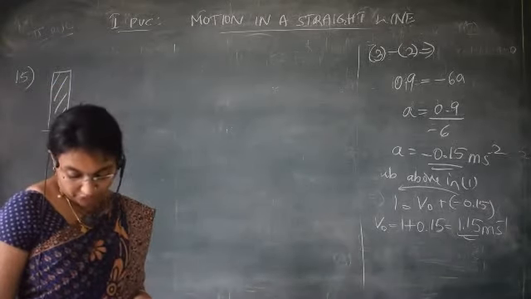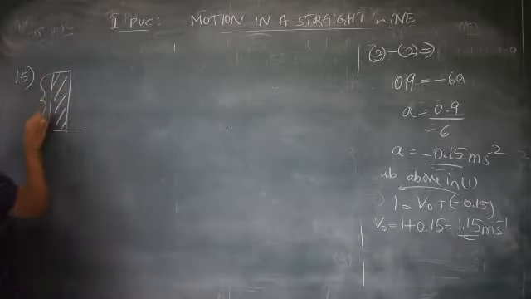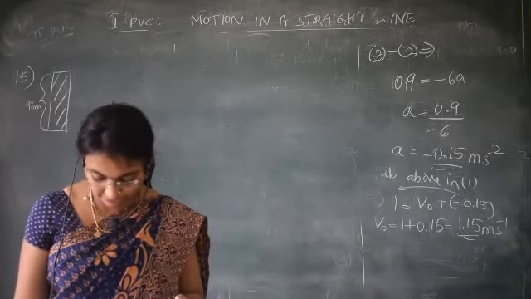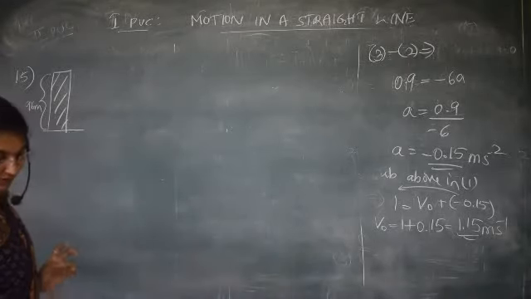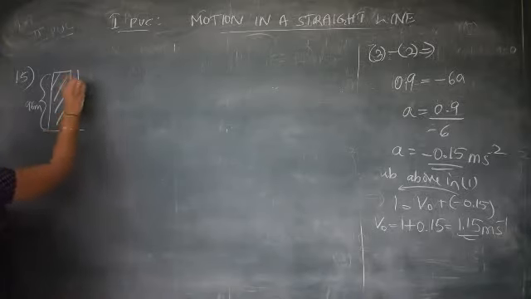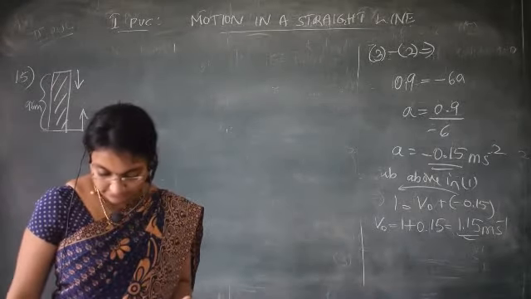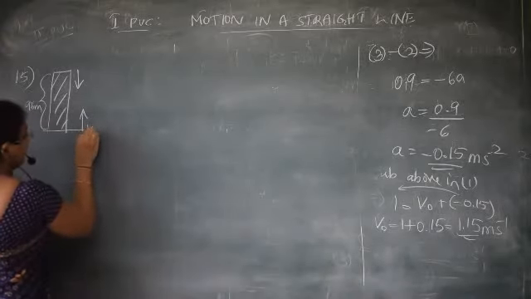Stone is dropped from the top of a tower, 96 meter tall. At the same instant, another stone is thrown vertically upwards from the foot of the tower. One stone is falling down, another stone is thrown vertically upwards. Correct? With the velocity 24, okay, here V naught is equal to 24 meter per second.